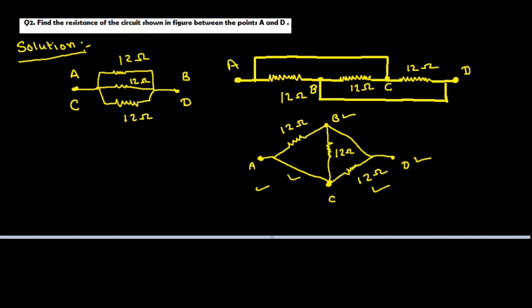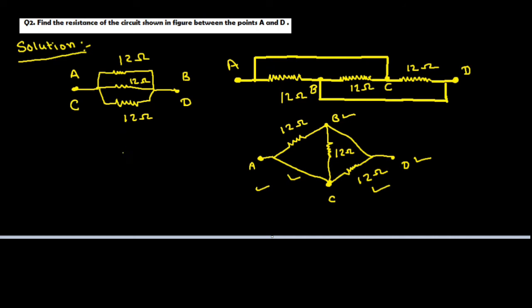Now, we want to calculate the resistance across A and D. As we can see from here, this 12 ohm, 12 ohm, and this another 12 ohm, they are in parallel.